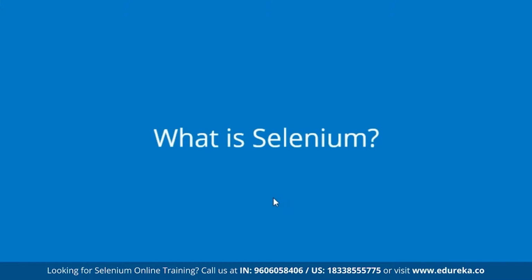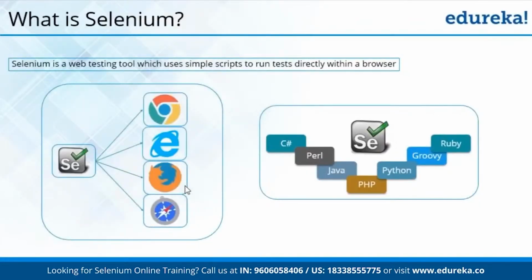In Selenium, you have 4 types of components which help you to fulfill your different types of needs. As you know, Selenium is a web automation testing tool, you also need to know that Selenium has 4 components.